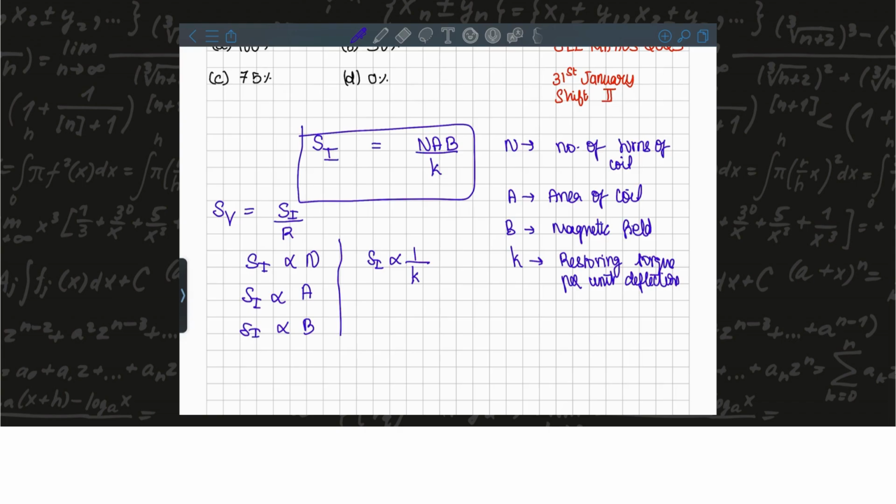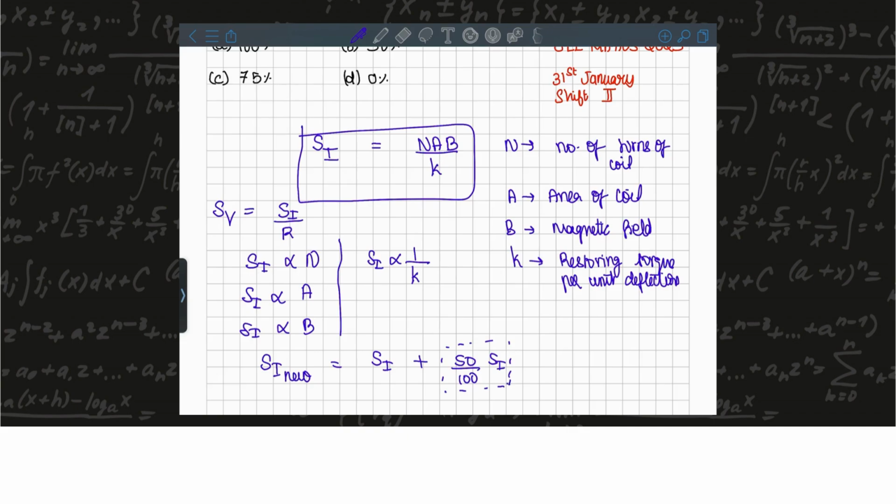If there is going to be an increase in the current sensitivity by 50%, then how can I write SI new? I can write this SI new as SI original, that is what value the current sensitivity previously was, plus 50 divided by 100, that is the new current sensitivity, the changed one.